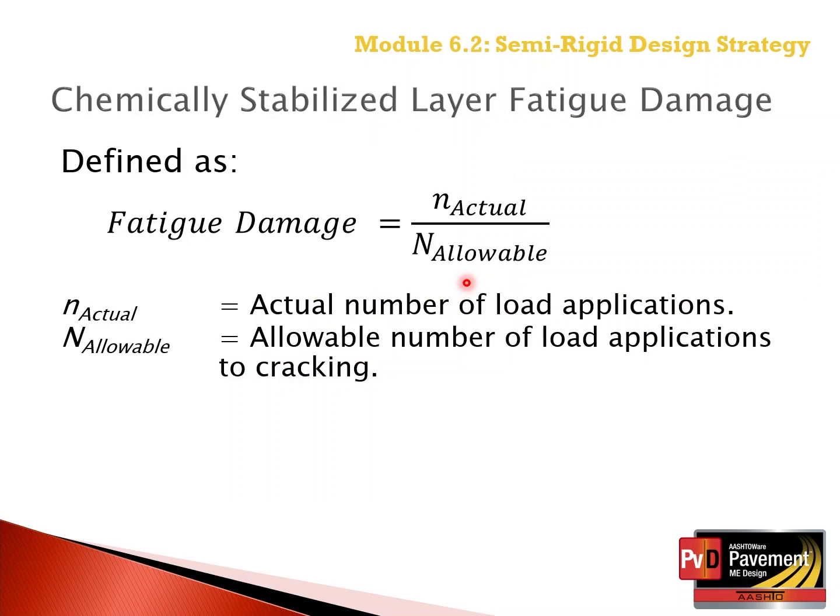So first, the definition of incremental fatigue damage accumulation is shown on this slide in terms of how it's determined. Again, very simply, fatigue damage is the actual number of load applications, little n, divided by the allowable number of load applications, big N. The same was true for Portland cement concrete as well as asphalt.